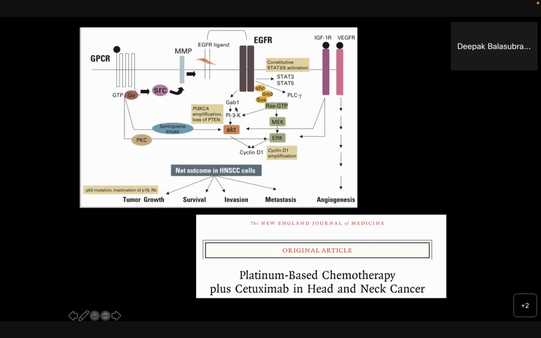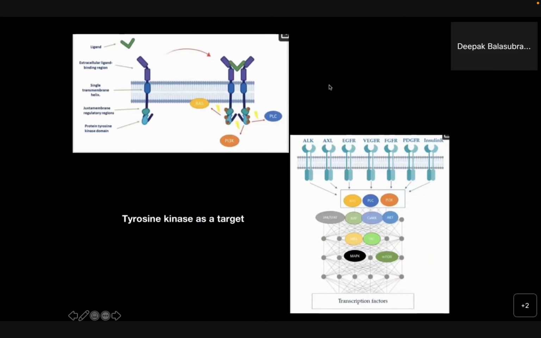But if EGFR is constitutively activated in head and neck squamous cell carcinoma, there is tumor growth, survival, metastasis, angiogenesis, and invasion. And we have different types of receptors. We have the GPCR, the MMP, the EGFR, the TGF, and the VEGF. So all of this causes changes in the intracellular pathways and promotes tumorigenesis. So one of the targets for chemotherapy which was tried or which is still being used is EGFR blockade using cetuximab.